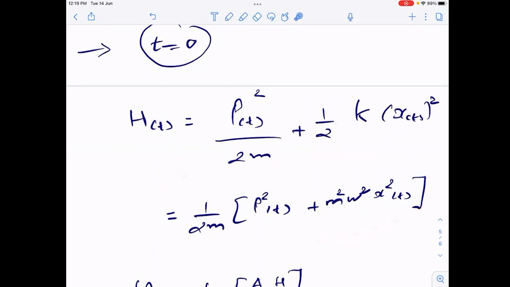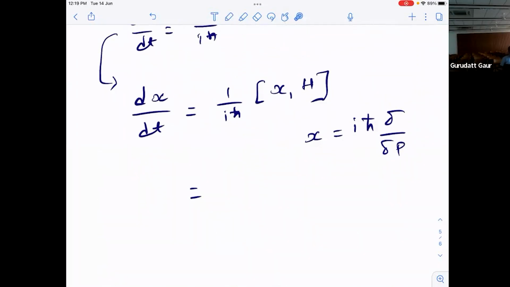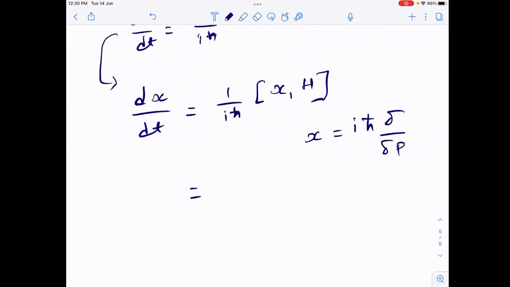Let's hold that. Anyone? You will be left with simply, if someone can give me the answer, del H by del P. Yes. Right. So in general, what is my dx by dt? Velocity, right? We have the relation p is equal to mv. So I can write that this is p by m.